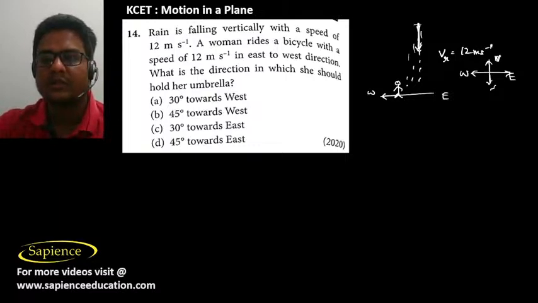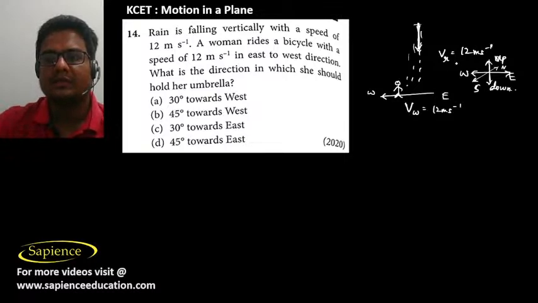But this we can say is upwards, it is downwards, and north and south, like this we should say. It is a three-dimensional figure actually. So the woman is riding the bicycle with a speed VW that is equal to 12 meter per second. What is the direction in which she should hold her umbrella?